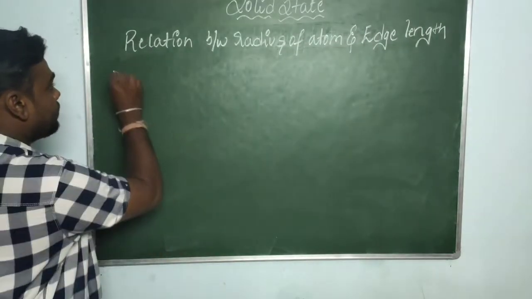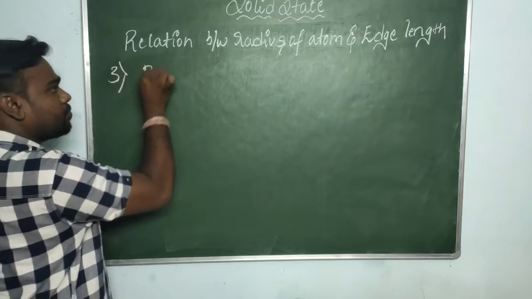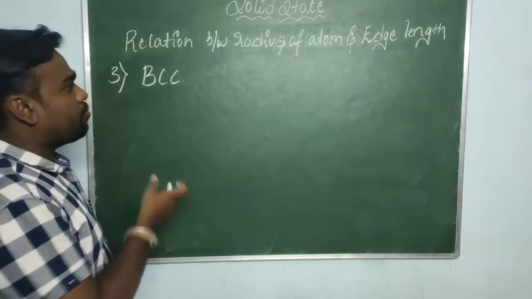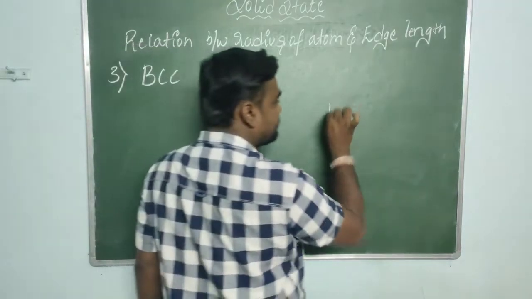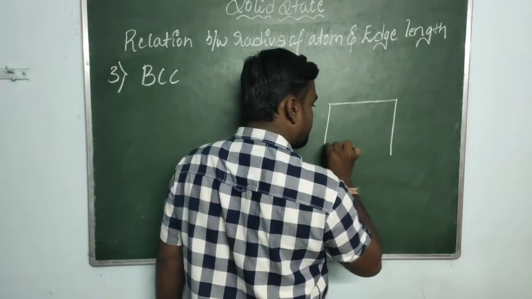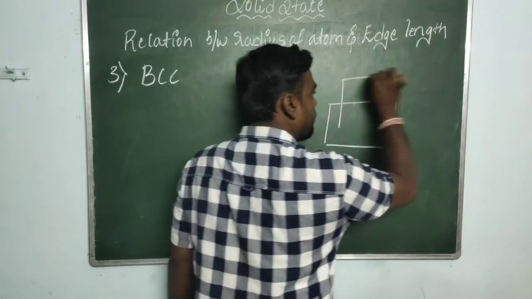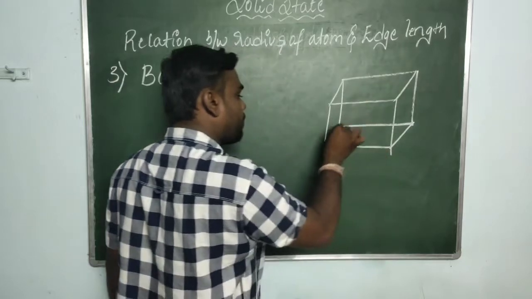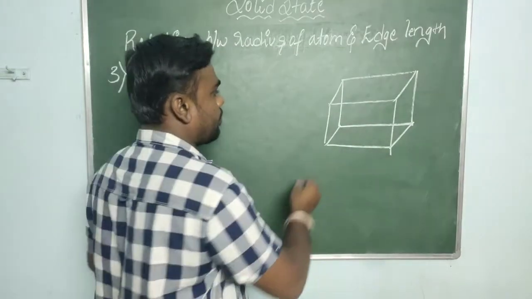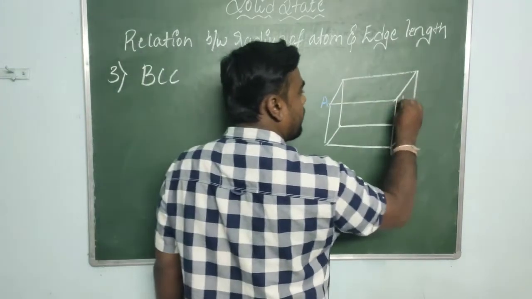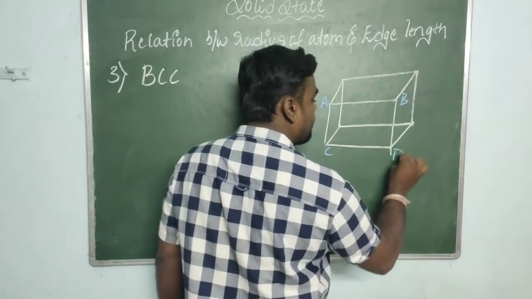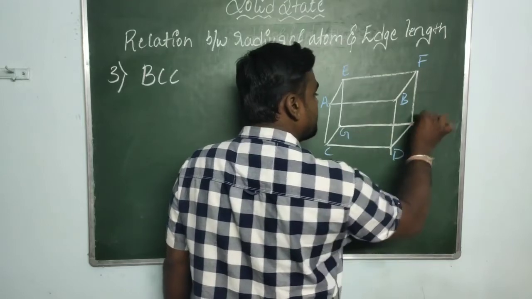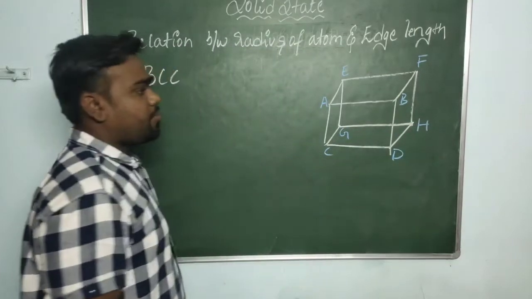Last, that is BCC, body centered cube. Taking the cube ABCDEFGH, I am taking a body.